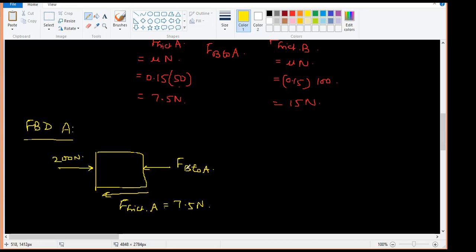Don't make the mistake of writing this as 200 because it's not 200 now. Most important formula in mechanics. Mass is 5 kg, acceleration A. So this will be one equation.